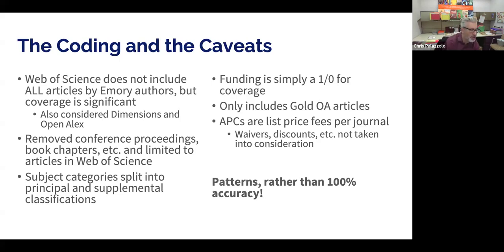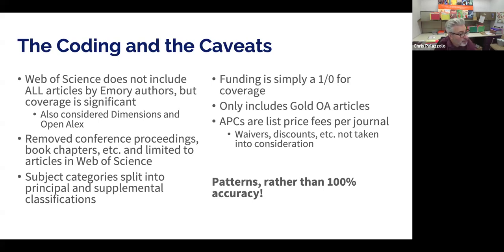I'm not going to go too much into detail about this, but we did make decisions around how we looked at funding. For this particular pilot of the project, we did not go into specific funders. We just looked at funding as 1 or 0. We're only including Gold Open Access titles. We know, of course, there are many varieties or flavors of open access. We try to be a little more focused, although we do have that data, which we could use if we want to look at green or bronze versions.